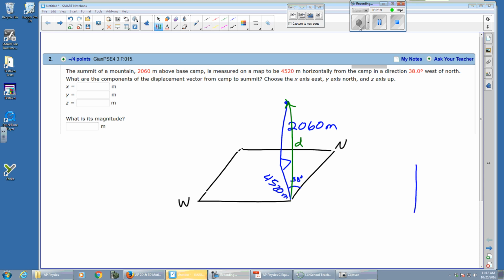So you've got the hypotenuse, for me it's 4520 meters. We have 38 degrees, and so this side would be 4520 meters cosine 38 degrees, and 4520 meters sine 38 degrees.